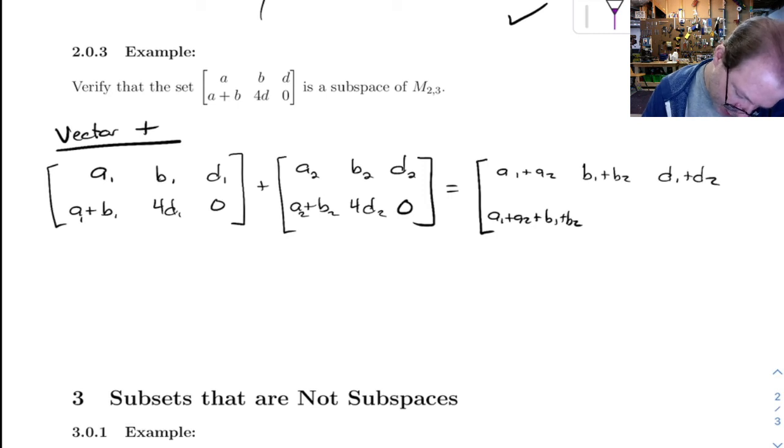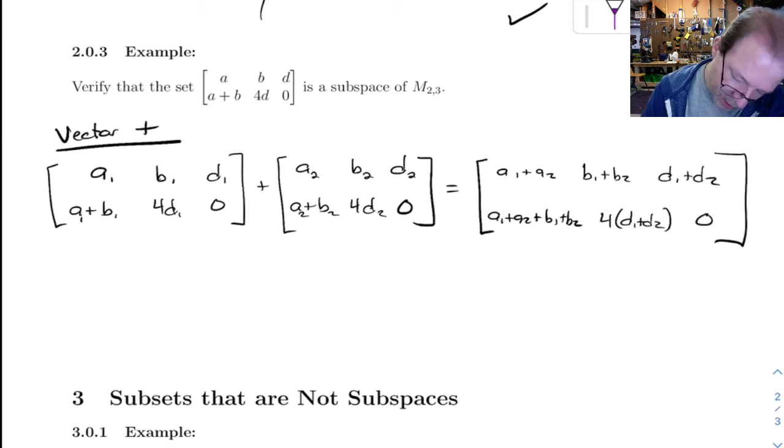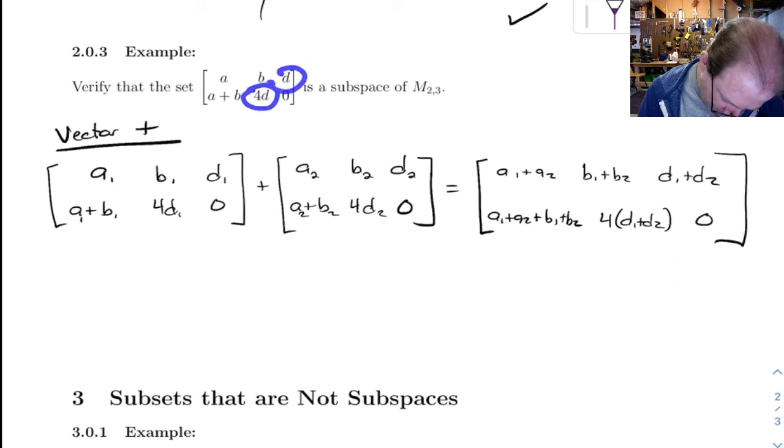The next entry is going to be 4, I'll write it as d1 plus d2. And the last entry is 0. So what we've got to check here is, what is it that makes this special? This has to be 4 times that. And is that true here?